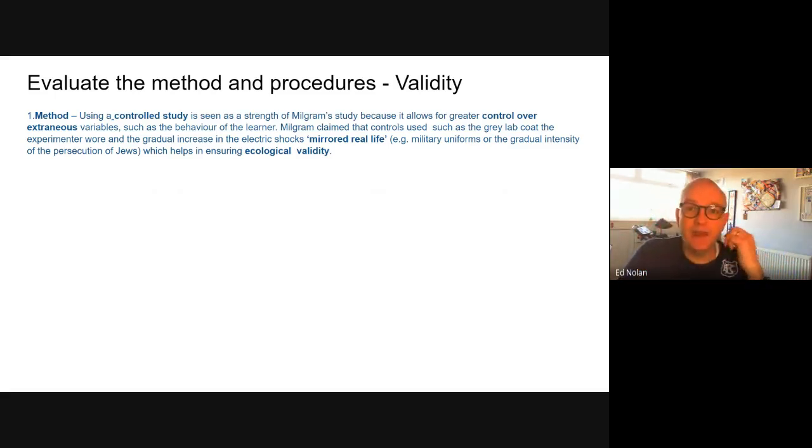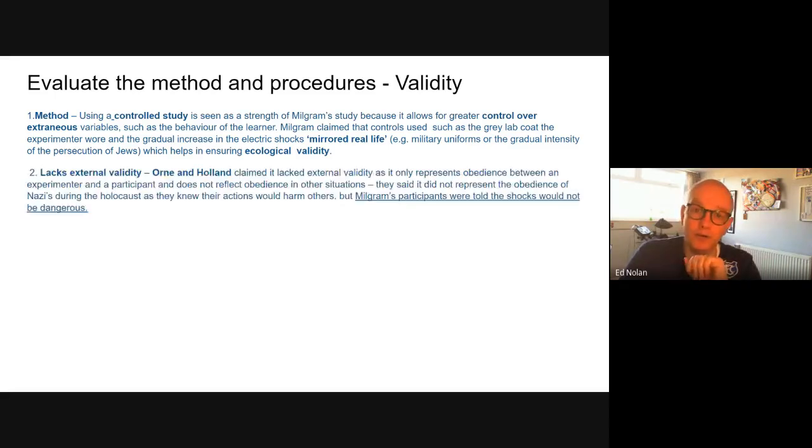Now, his greatest critics are Orne and Holland, and there's a name that you can drop in, because they said no, it didn't have external validity. All he was doing was measuring the relationship between a researcher and a participant. That is very different to measuring the relationship between somebody who has authority in the military and somebody who also is in the military, or in any other situation.